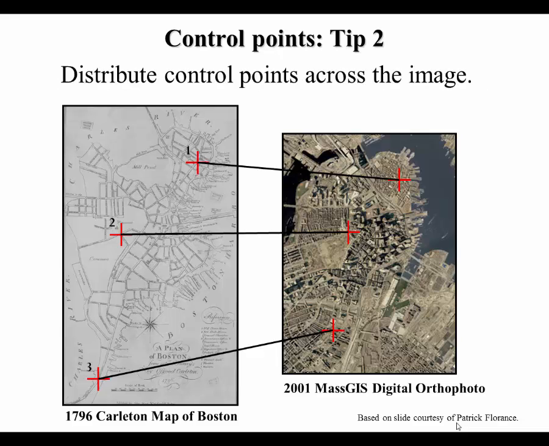Tip number 2, distribute the control points across the image as much as possible. You'll see that Patrick's 3 control points cover pretty much the extent of his map. This tends to produce the least distortion and to get the best representation of actual location on the historic map.